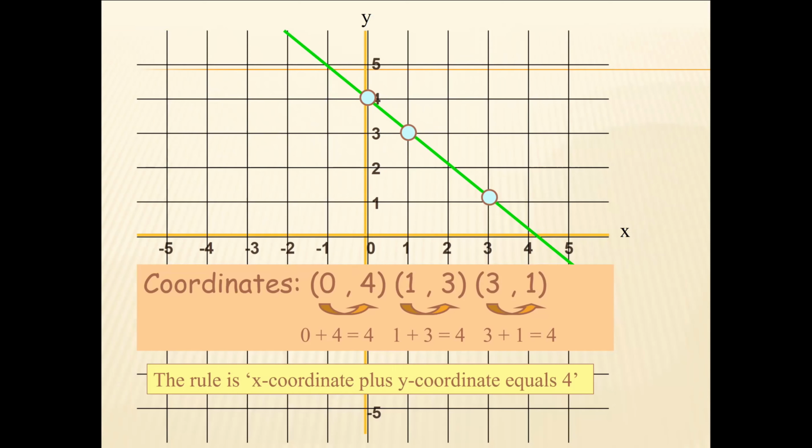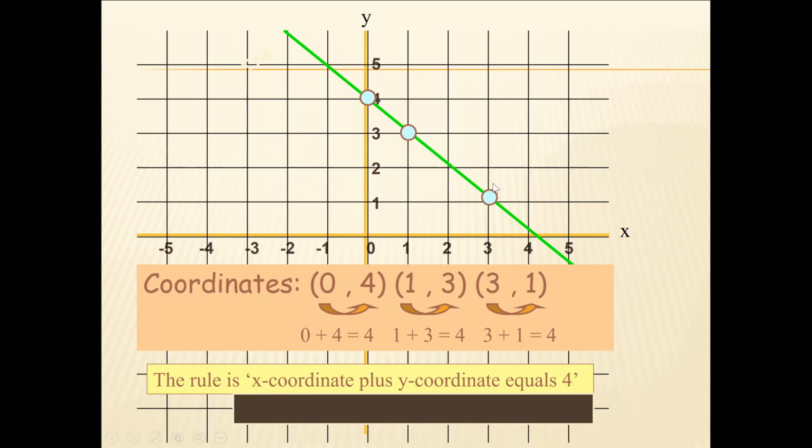Similarly, one more example. A line is given which is moving downwards as you go from left to right, and the relation between the coordinates of any point on the line is that the sum of the x and y coordinates is 4.